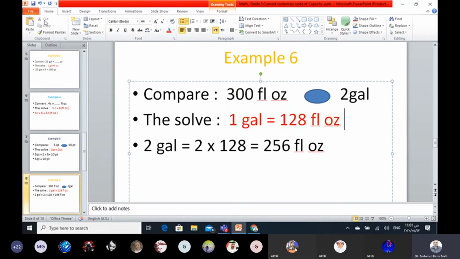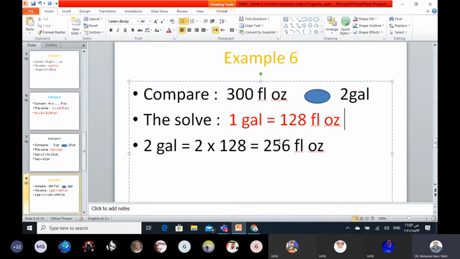So take the big unit and convert from gallons to fluid ounces. Take 2 gallons, and the relationship between gallons and fluid ounces is 128. So we write 2 times 128 equals 256 fluid ounces.